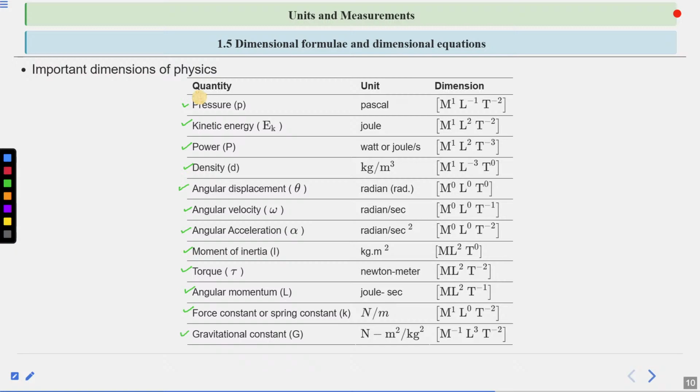If we talk about the pressure, the unit is Pascal, and its dimensional formula is M L raised to the power minus 1 T raised to the power minus 2.